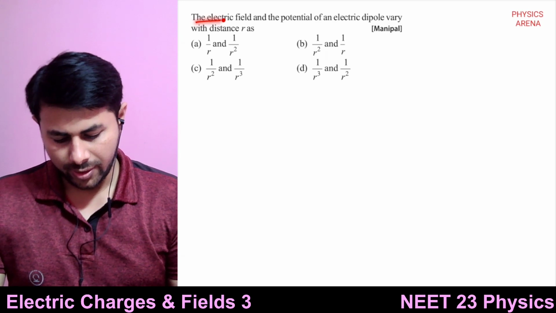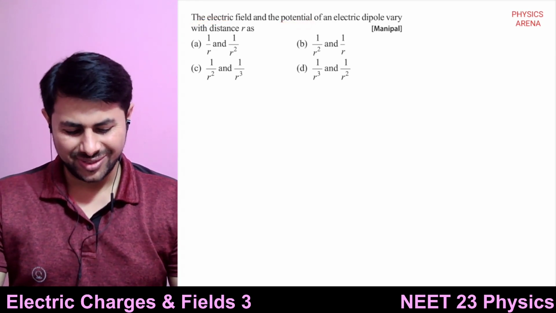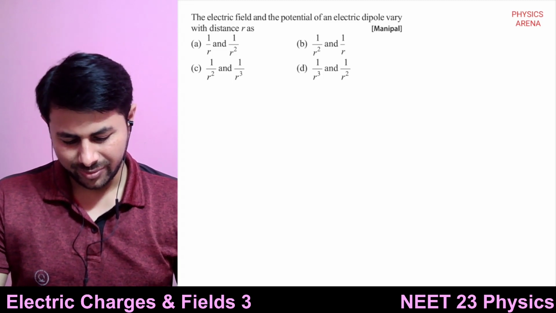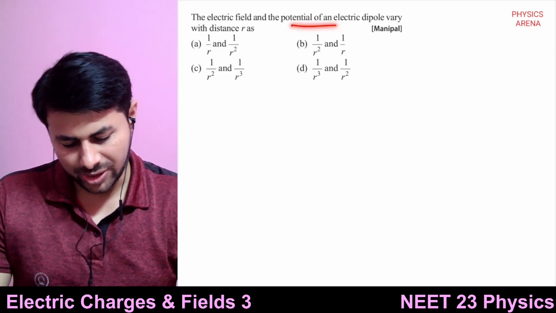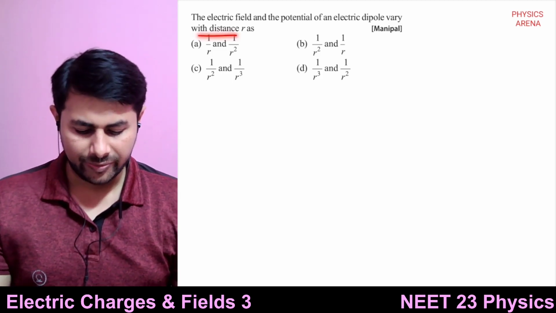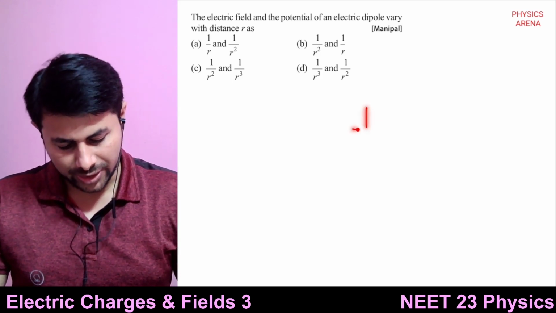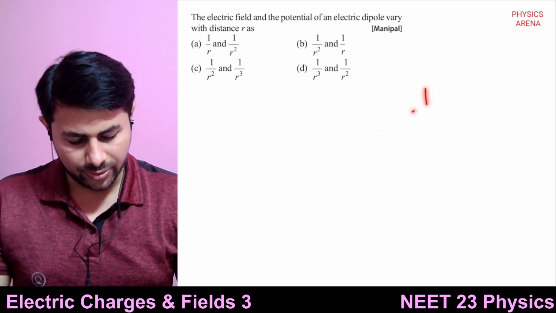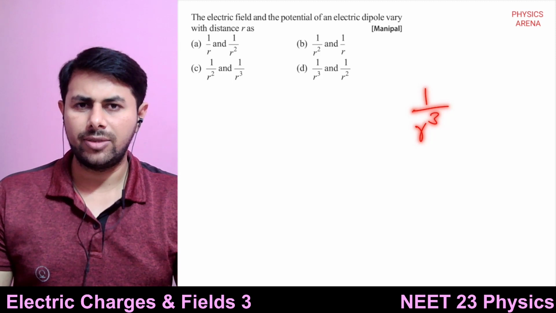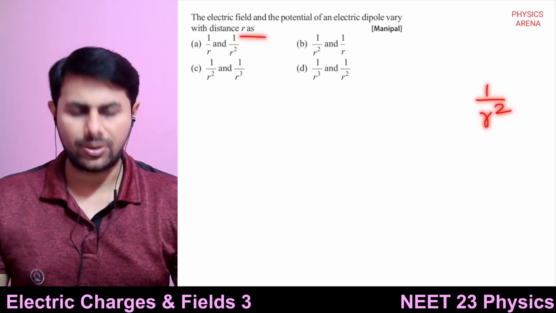Next one, the electric field and the potential. Okay. So sorry for taking this question. But anyways, the electric field and potential of an electric dipole vary with distance r as. Okay. So the electric field due to dipole is inversely proportional to r cube and the potential is inversely proportional to r square.